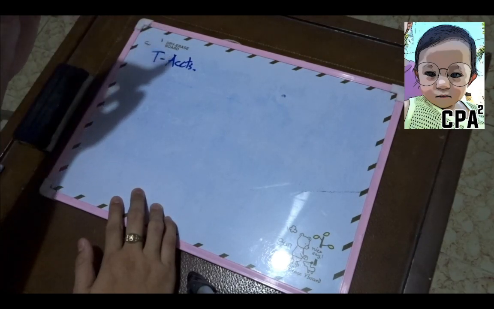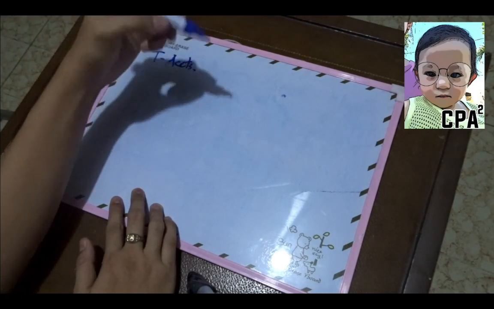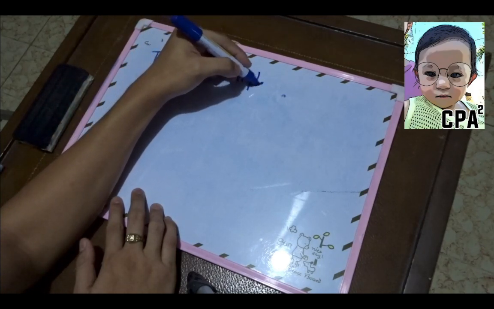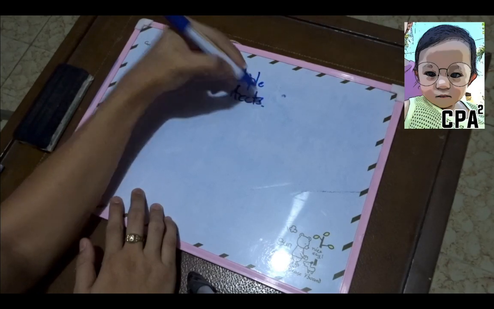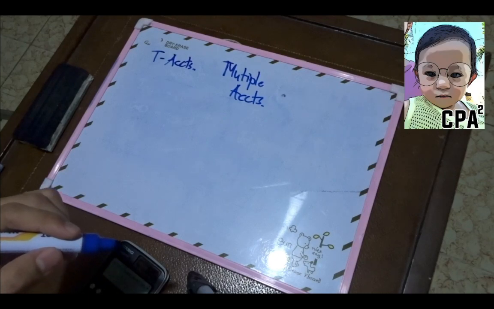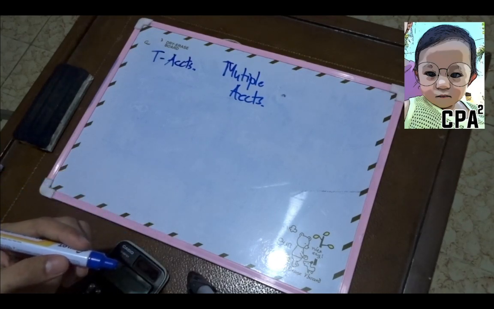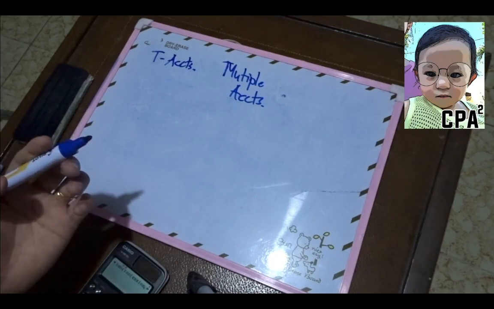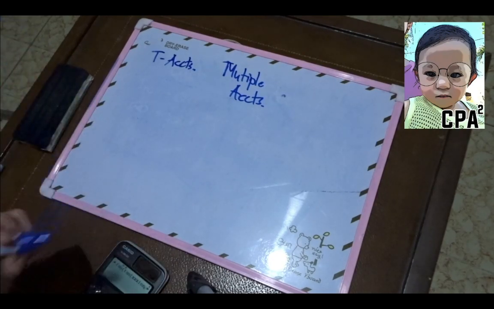Then there are those items which involve multiple accounts. Problems under this classification normally include questions about cost of goods sold, where the purchases should be computed using another T account, which is accounts payable.